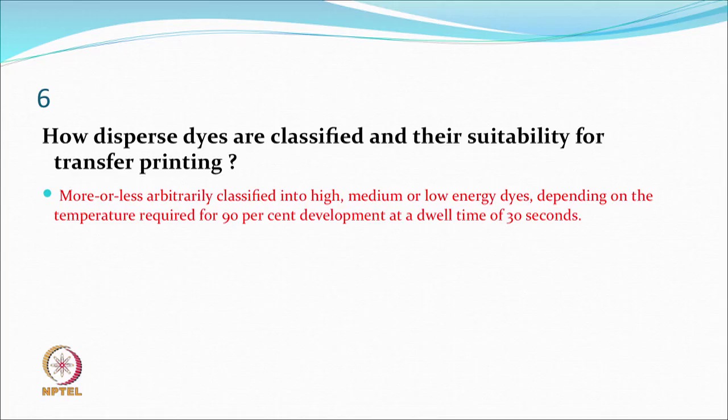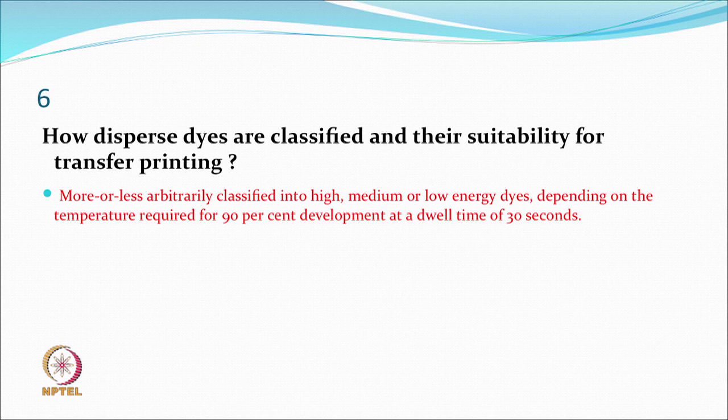So, you classified them into say very high energy, very low energy and things like that. But approximately, roughly this may be classified into high, medium or low. Some people have classified into A, B, C, D also. So, B and C would come into the medium category approximately.